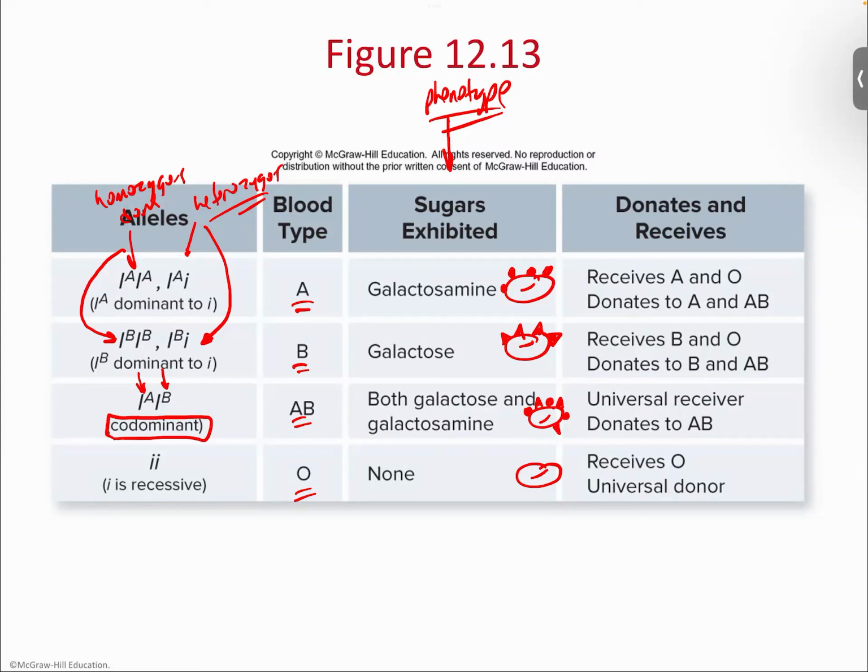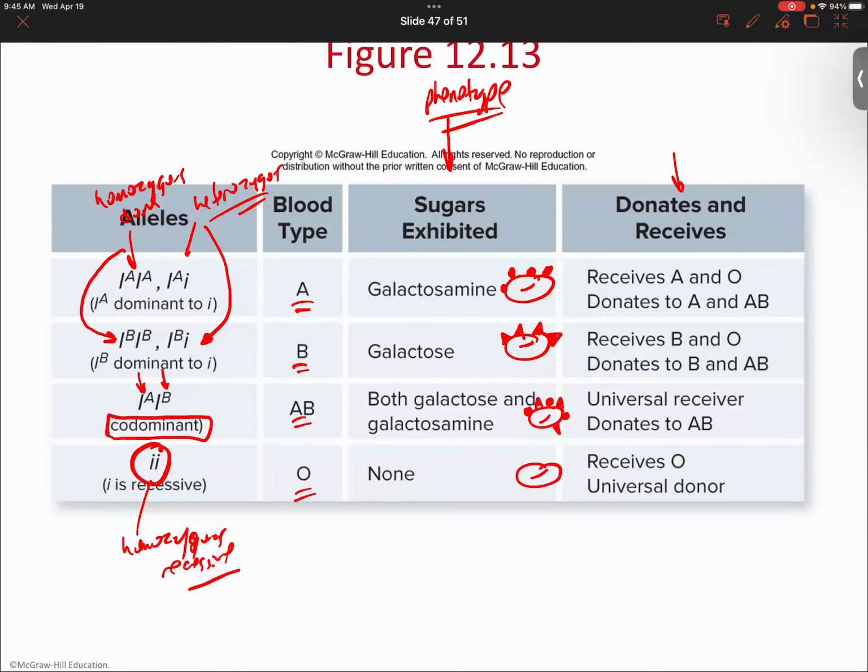And then, of course, if you're O type, then you are the homozygous recessive. So basically, in order to do blood transfusions, first of all, there are two different components of your blood type, right?